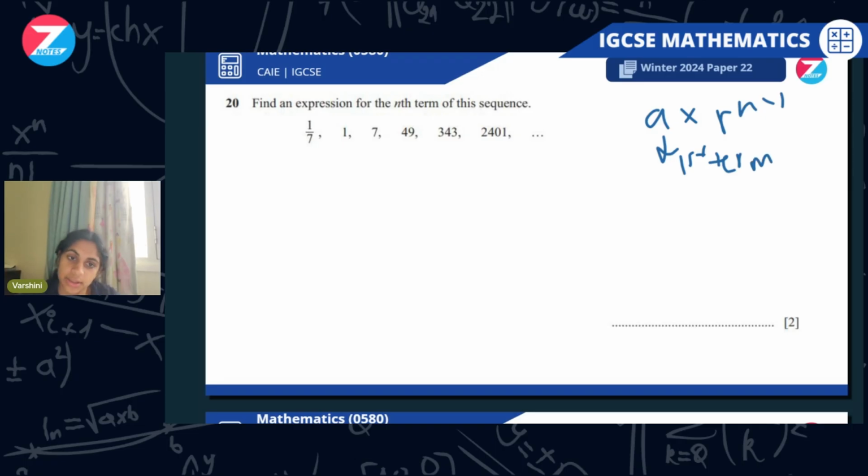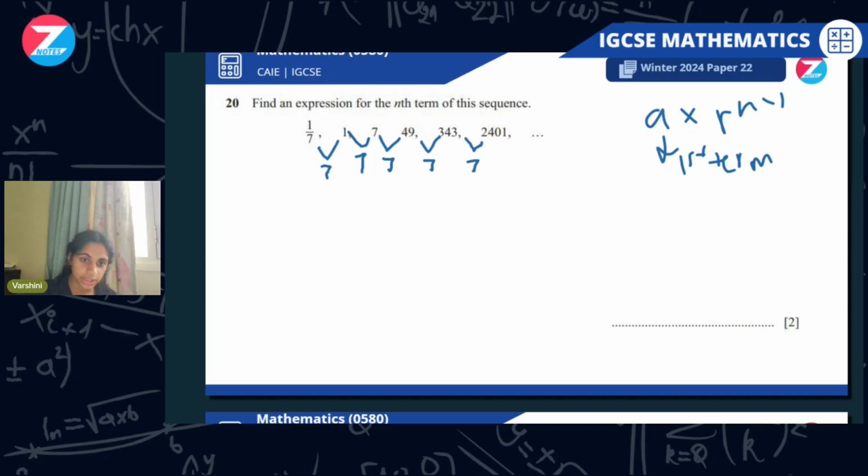Now we just need to find r. Since it's geometric, all we have to do is divide each term by the previous term. Put this in your calculator, 1 divided by 1 by 7, and you should get 7. Again, 7 by 1 is 7, and 49 by 7 is 7. Just do it for all of them to make sure you are getting the same value.